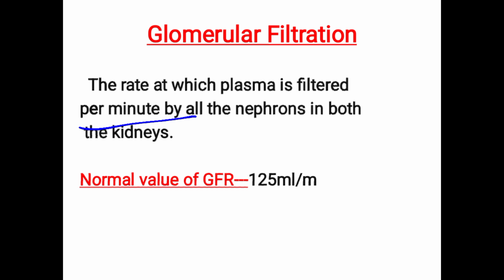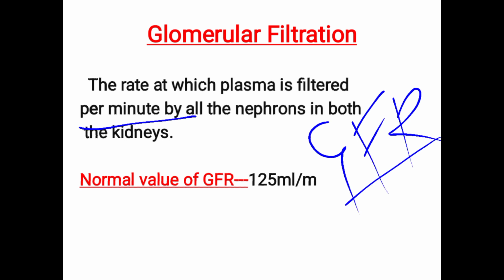The rate at which the plasma is filtered in all the tubules of both kidneys, we call GFR, glomerular filtration rate. So GFR means the rate at which plasma is filtered per minute, which is very important.